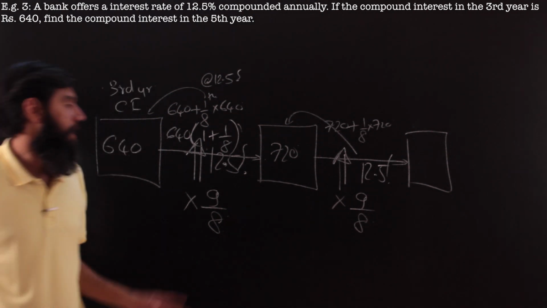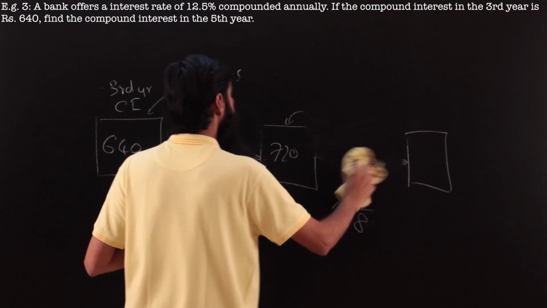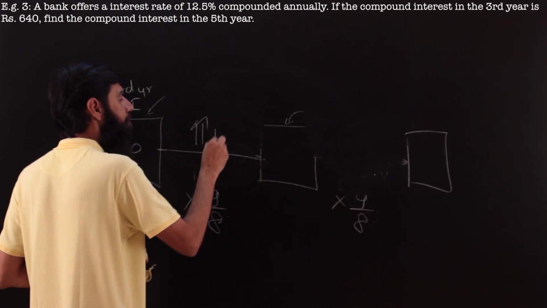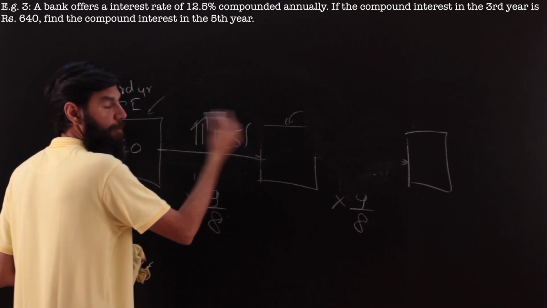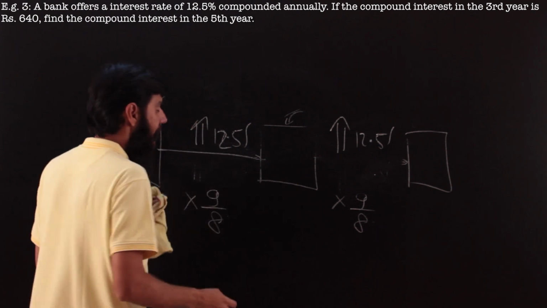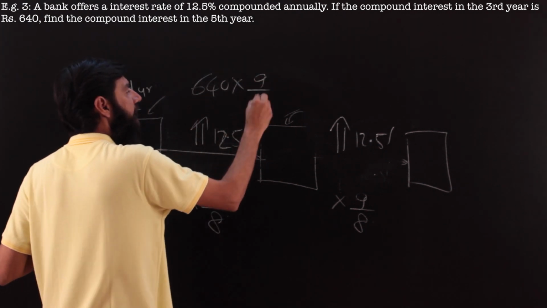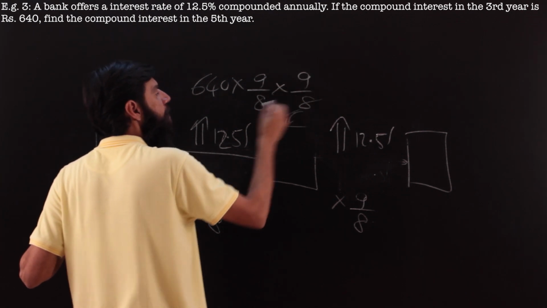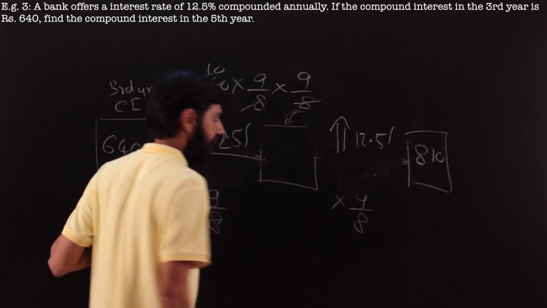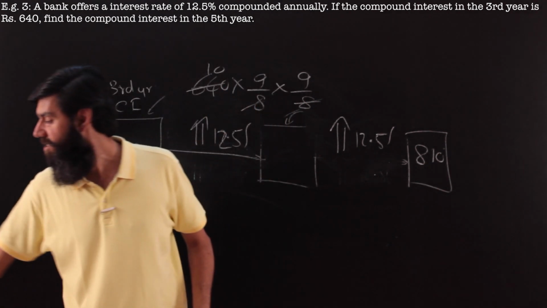So if I did not want to find the intermediate value, could I just say this is equivalent to 2 increases of 12.5% successively? And how do I handle this? 640 into 9 by 8 into 9 by 8, right? So 8 8s are 64, that's a 10, 9 9s are 810, which is the direct answer that we get, right? It's not just about saving a calculations or so on.